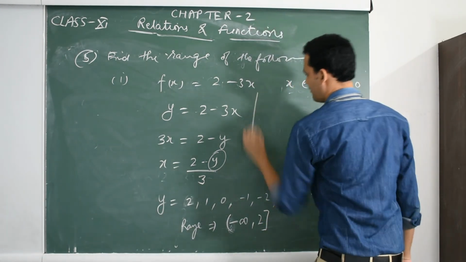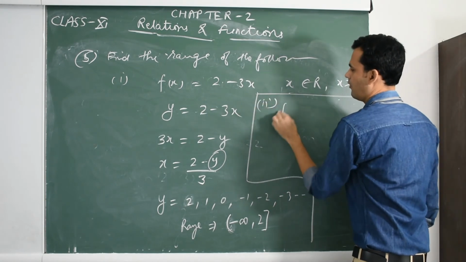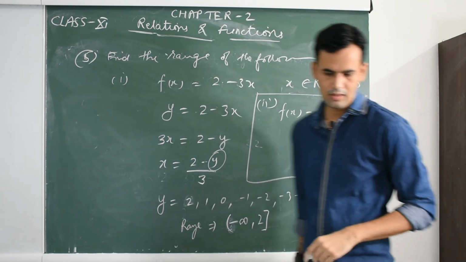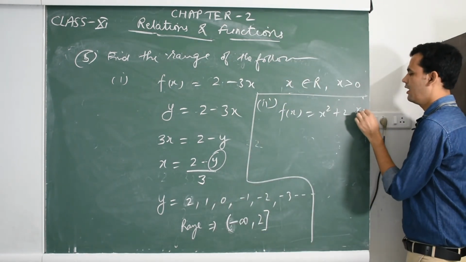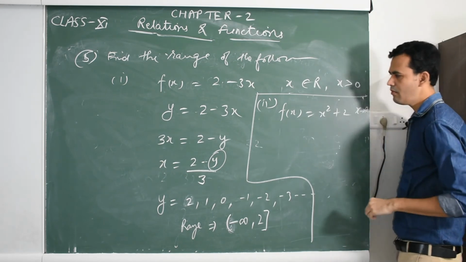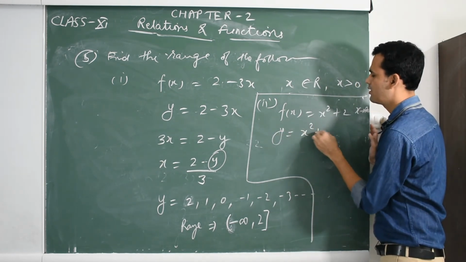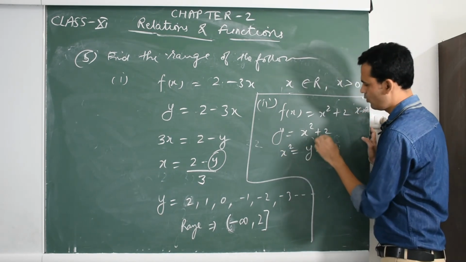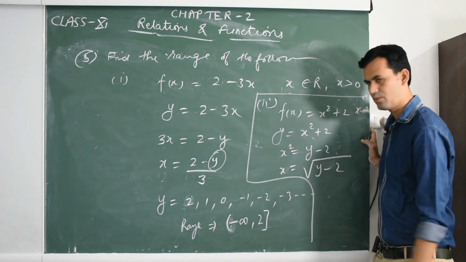And second is f(x) given as x square plus 2. x is a real number. So we first write it as y equals x square plus 2, or x square equals y minus 2, or x equals root of y minus 2.